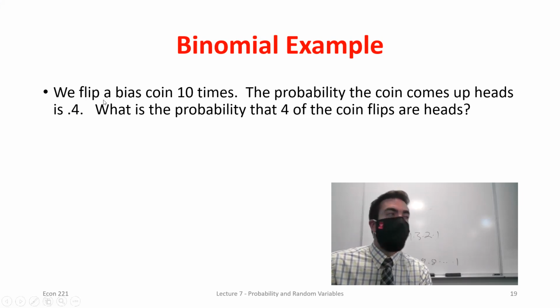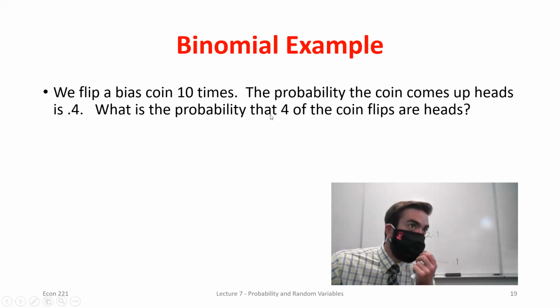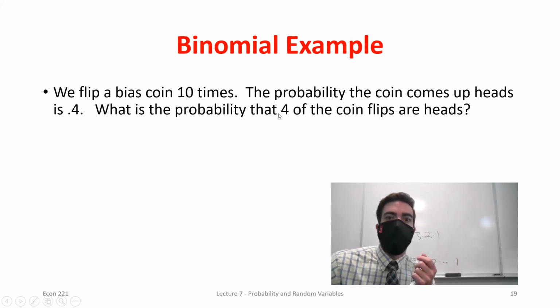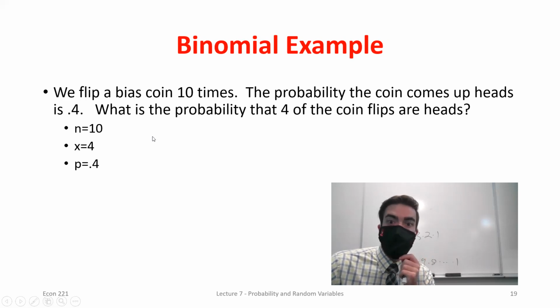So here, what would the number of trials be? We're flipping the coin 10 times. The probability of a success on any one trial is 0.4, so that's our P. And the number of successes we want the probability of is 4 out of these 10, so our X would be 4. So N is 10, X is 4, and our probability of success is 0.4.